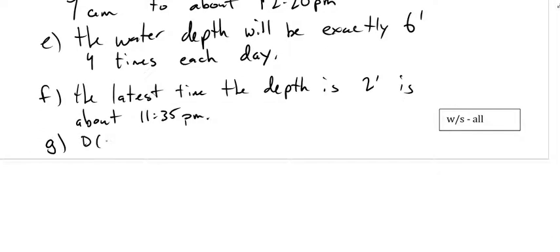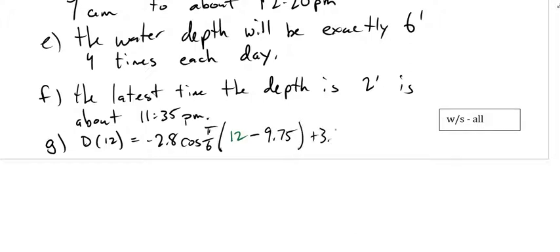So D at 12 equals negative 2.8 cos of pi over 6 bracket 12 minus 9.75 bracket plus 3.6, if my memory is correct. I want you to try this on your calculator, okay? Because that is a lot to punch in, and everybody's calculator is different.